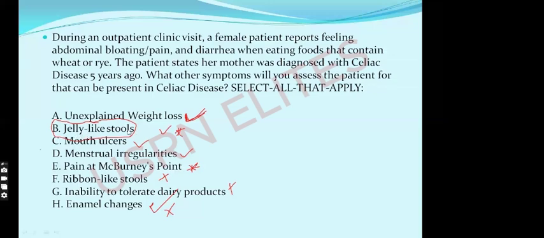So jelly-like stool, you find it in conditions like intussusception. Take note of it very well. Then ribbon-like stool, you find it in conditions like what? Hirschsprung's. Good. Hirschsprung's disease. Let us take note very, very well. All right.